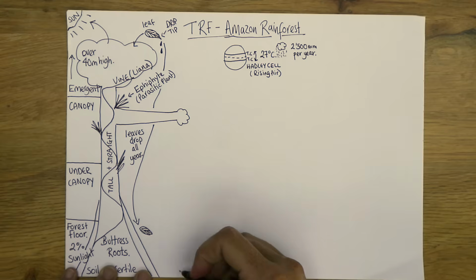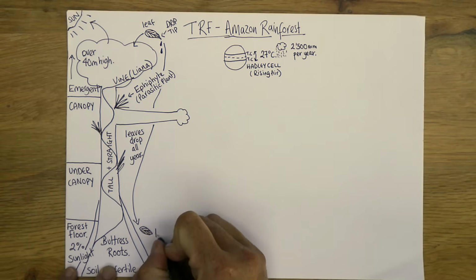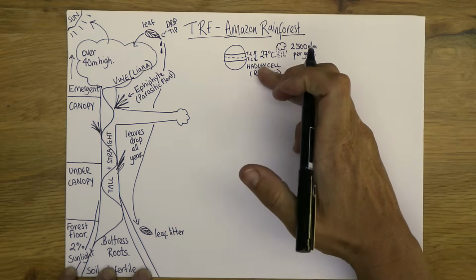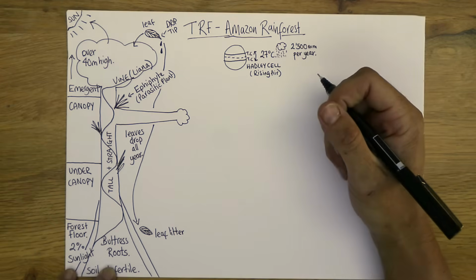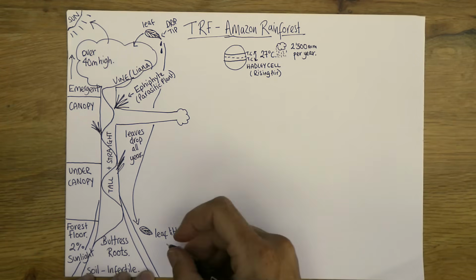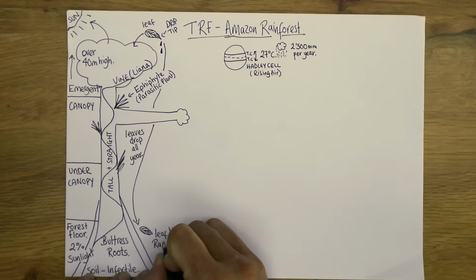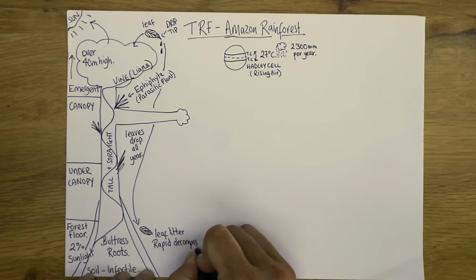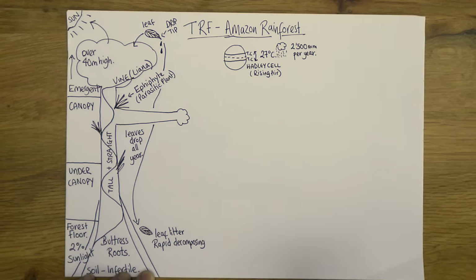They provide something called leaf litter, and it builds up on the forest floor, and because it's so warm, remember average 27 degrees, it actually decomposes really quickly. So we get that rapid decomposing due to the humidity.